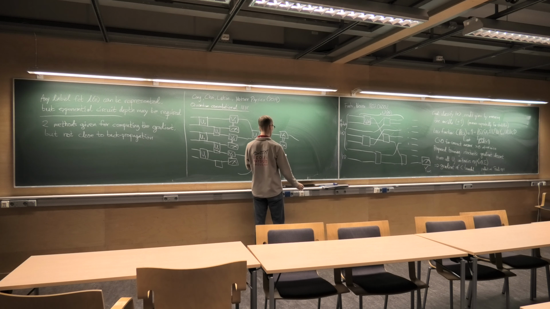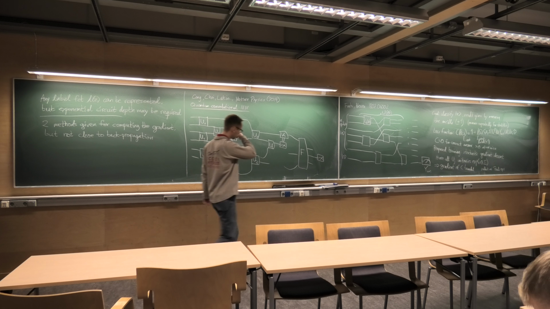And then in the end here, you have a number of qubits, you do some unitary on all of them, some sort of fully connected operation. And then you measure on one of them to get some output result. For example, a label, like in the previous example.